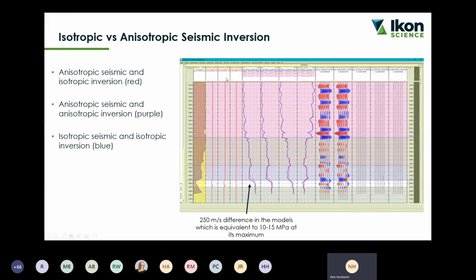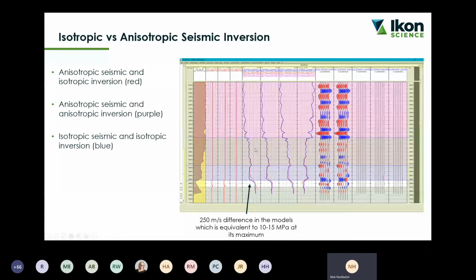So what happens is, in terms of VP, we actually get around about 250 meters per second difference between what's predicted and the truth at the top of the sand there. And there's also included, for reference, a purple color, which is the anisotropic input seismic data and then anisotropic inversion. You can see we get back pretty closely to the blue.